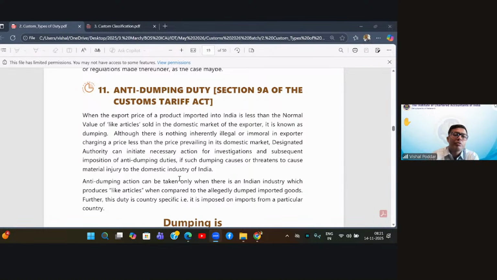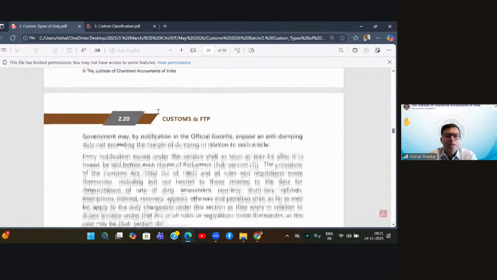Here the price is reduced by the foreign exporter himself. As I gave you the example of Geo, the foreign exporter himself reduced the price so that the goods become cheap in India. Now to counter this, the government will impose this duty called the anti-dumping duty.